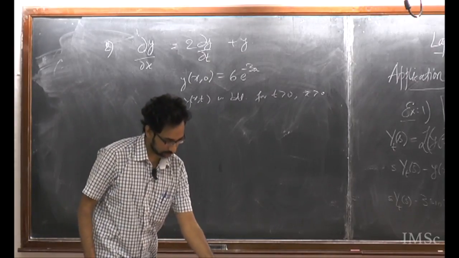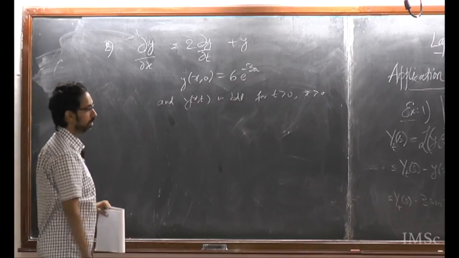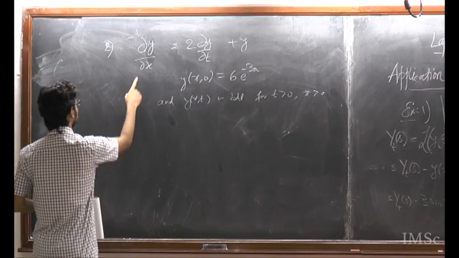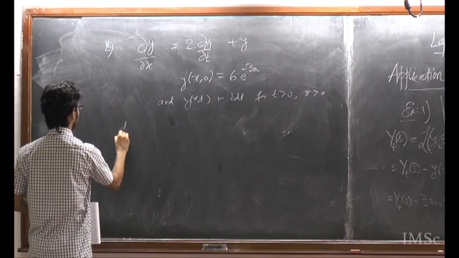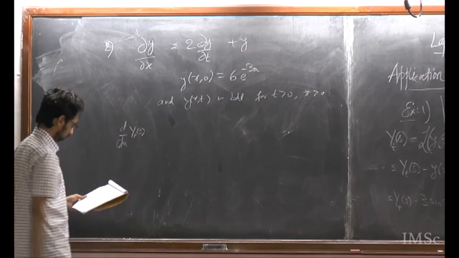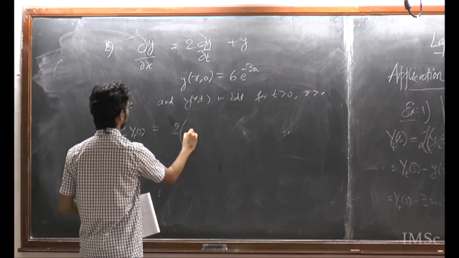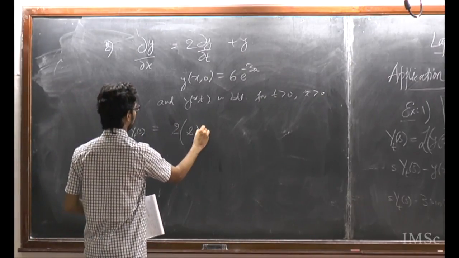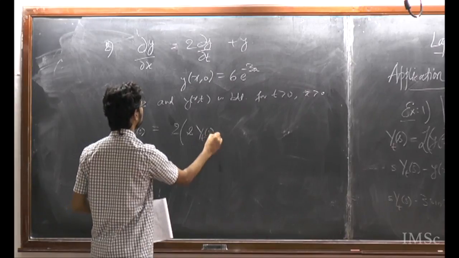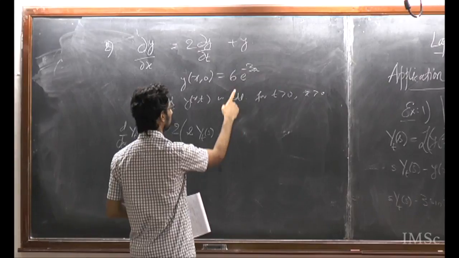So we do the same process again. We apply the Laplace transform with the t variable. Okay. So the first one is just d over dx of Y(x,s). Okay. The second one is 2s Y(x,s) minus y(x,0). This one.